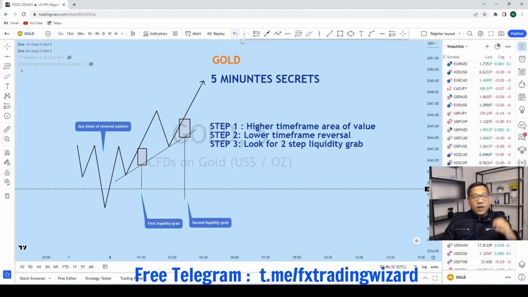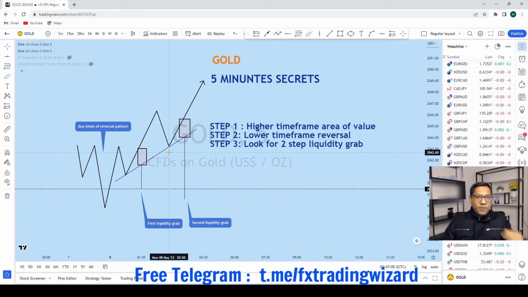It could be any kind of dodgy bullish engulfer, it's not important to see the color and shape of the candle. The most important thing is for the price to break that lower time frame trend line or the level, and then close above, grabbing liquidity. And then this is not the entry yet, and you need to wait further to see the gold market continue to move in the direction.